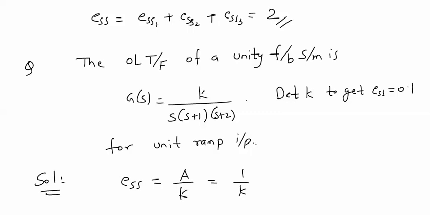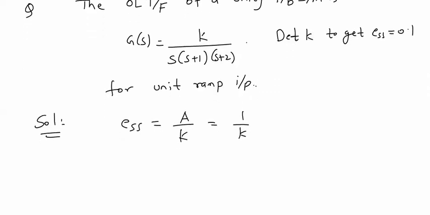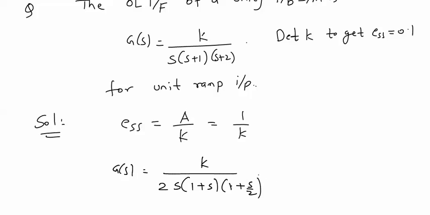So in the time constant form, G of S can be written as, G of S is equal to K by 2 into S into 1 plus S into 1 plus S by 2. So therefore the system gain is actually K by 2 here. So just to avoid confusion, I'll make it as K1, so that you will not get confused.